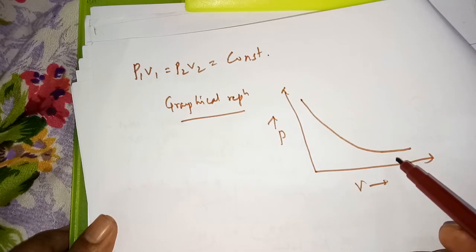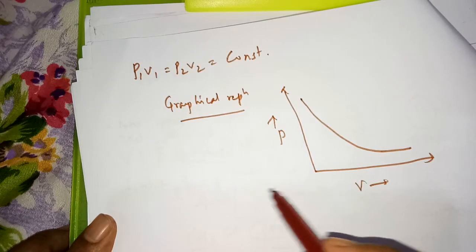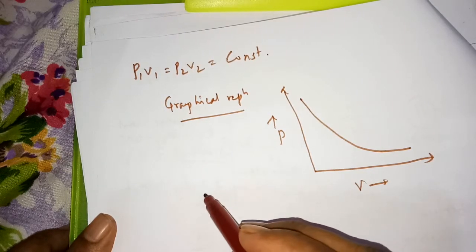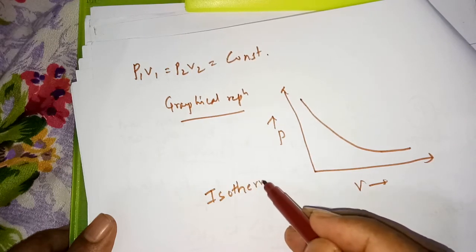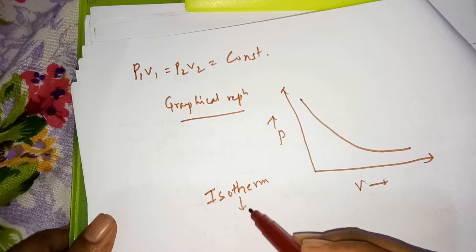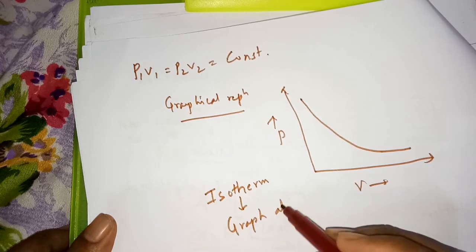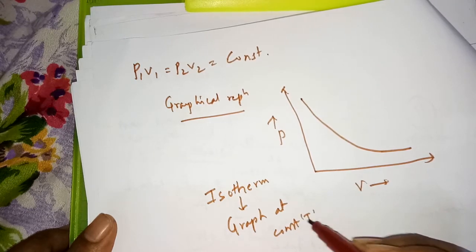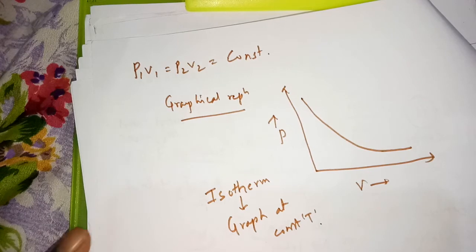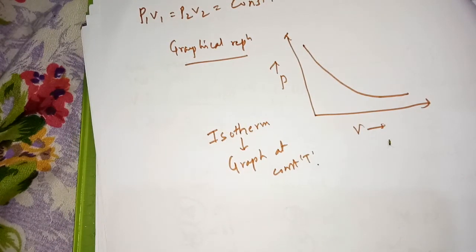This is the graph. Now this type of graph is called an isotherm. Means a graph at constant temperature. The graph at constant temperature is called an isotherm.